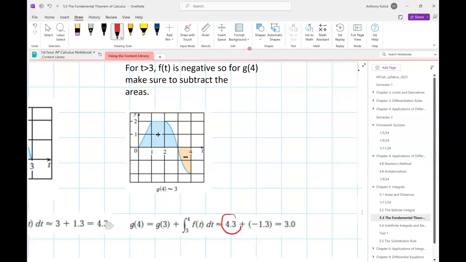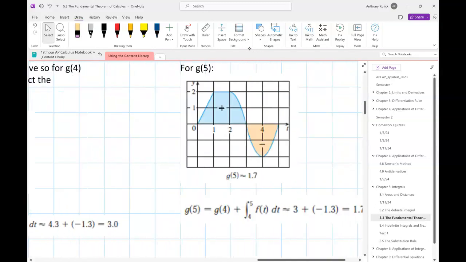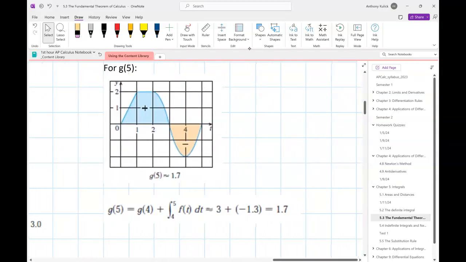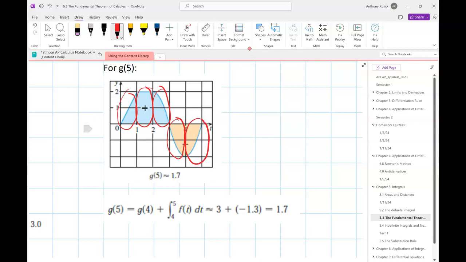So this is my g of 3, and this part is just going to be negative 1.3. We add those together, we get 3. And then our last shape is the whole shebang. This was our triangle, that was our rectangle. We approximated this to be 1.3, and we'll approximate that to be negative 1.3, and that to be negative 1.3. But we know all the way to here was 3, and then a negative 1.3 gives us 1.7.